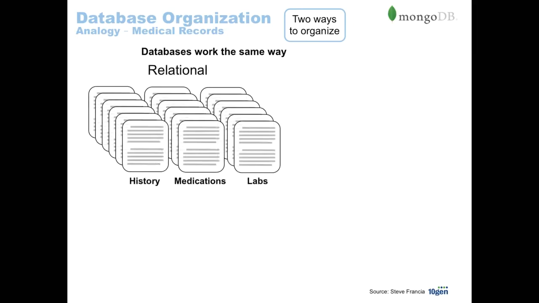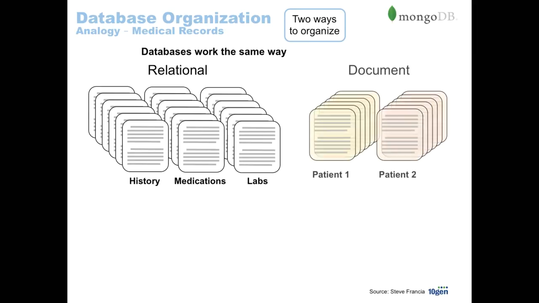Now, databases work the same way. Relational databases divide things up by type. So there's a table for history, one for medication, one for labs. Document databases group all of the information related to a particular, in this case, particular patient together.